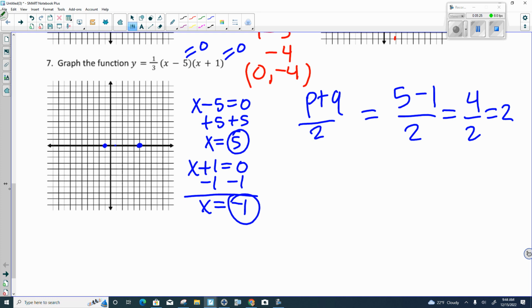Which I already knew that. I can tell that 2 is right. I can tell that. But I need it to find my y. I don't know if you guys remember the day we were going through it. Jetta was like, why do I need to do the math if I can just see? So you don't have to do the math. You could just see that it's a 2. But I do need the 2 to plug it back in for my x.